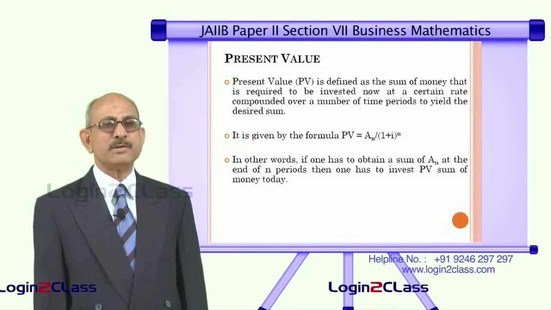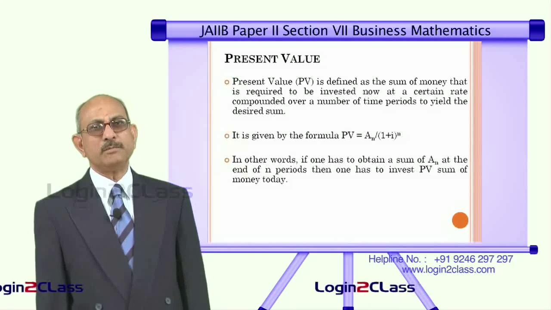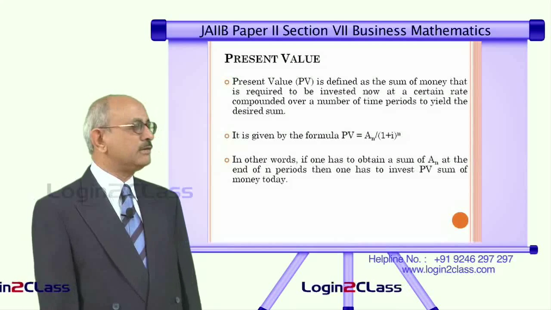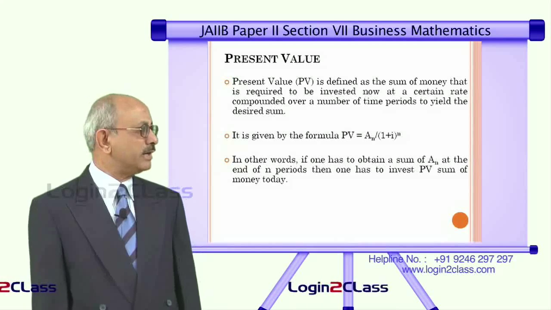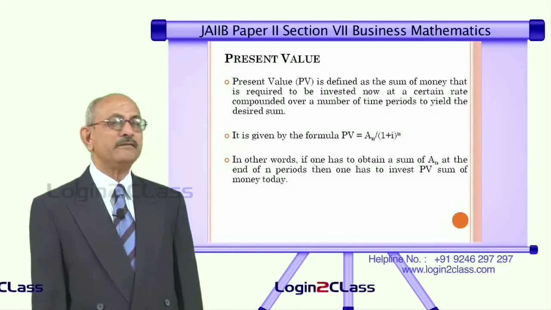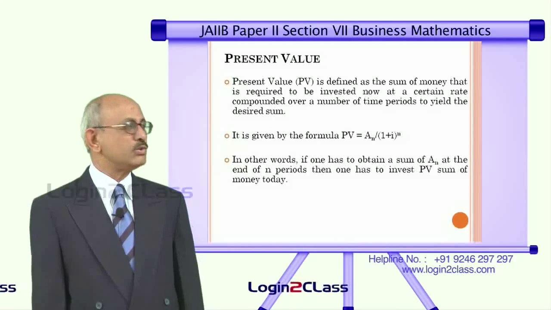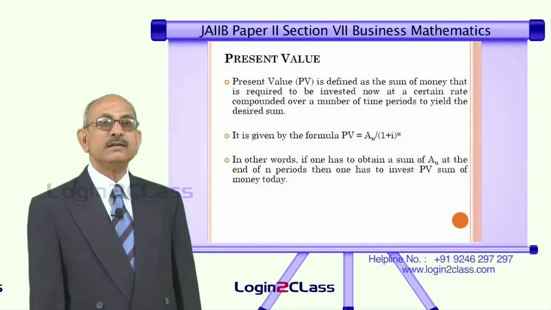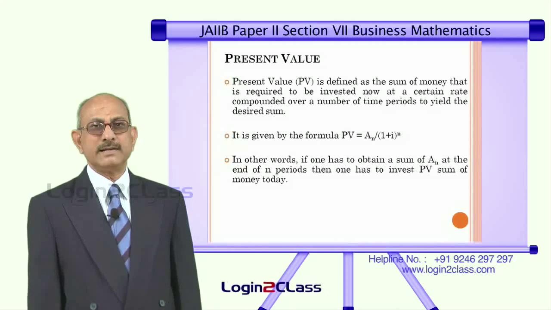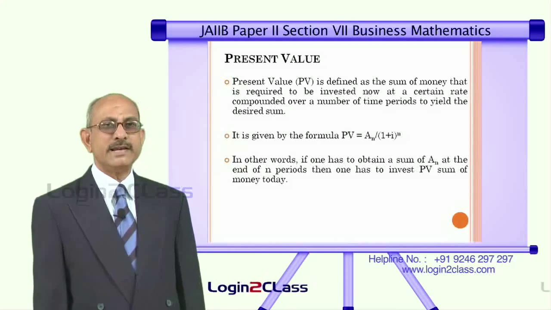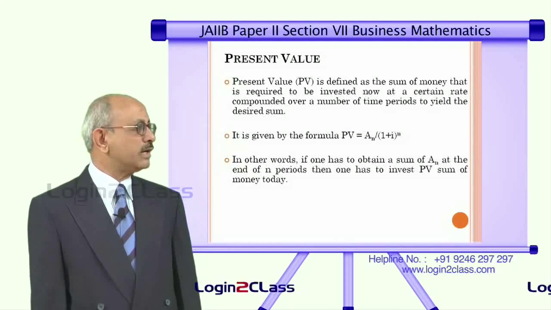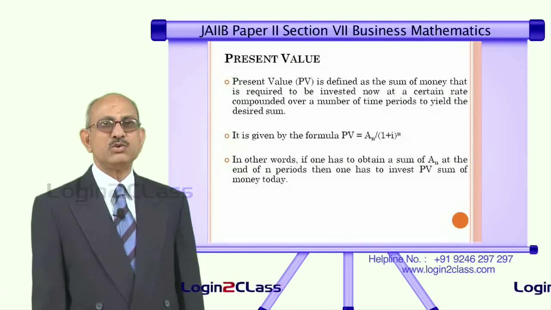P is nothing but the present value. So, instead of calling it principal, we are now calling it present value of the sum of money. So, therefore, it becomes P is equal to An divided by 1 plus I raised to n. It can be further bifurcated. The right hand side can be bifurcated into two. One is An, the other factor is called 1 upon 1 plus I raised to n.